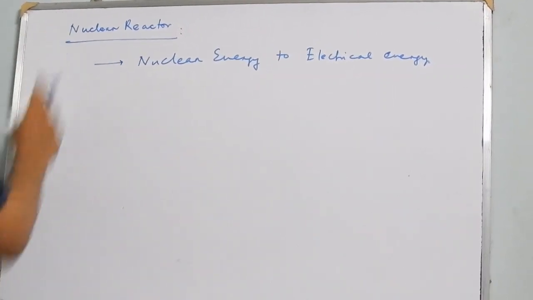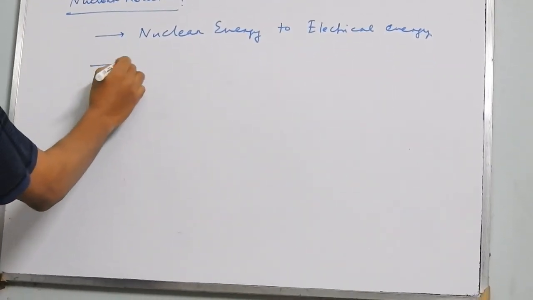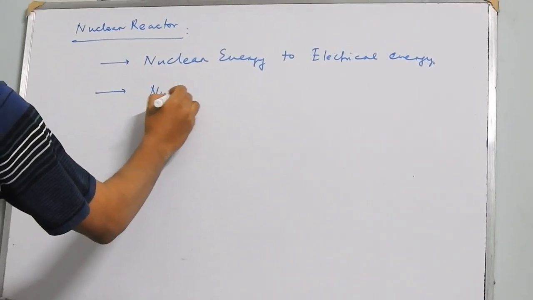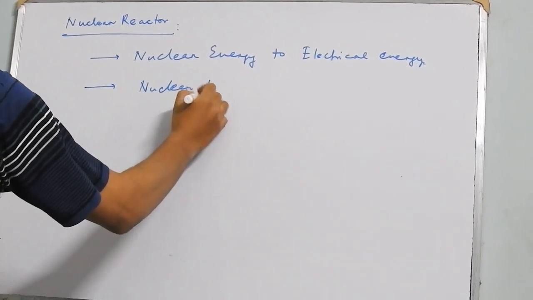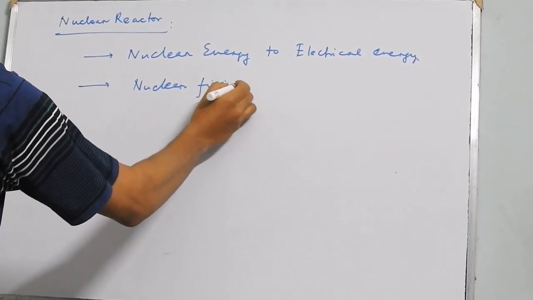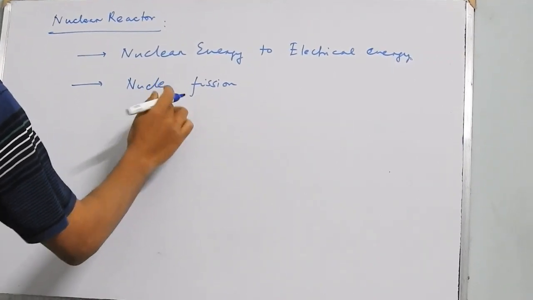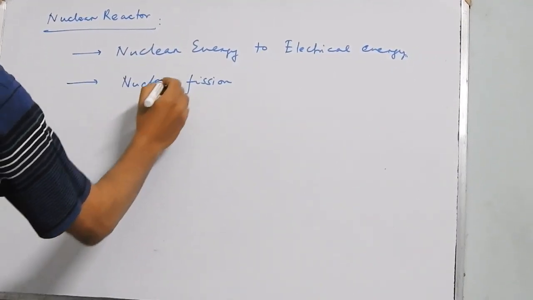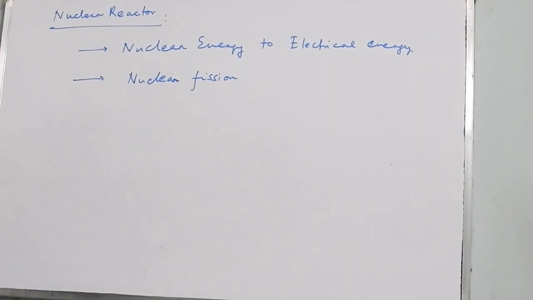In most of the nuclear reactors, a process which is called nuclear fission is the strategy behind conversion of nuclear energy to electrical energy.